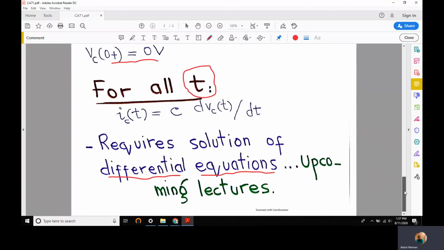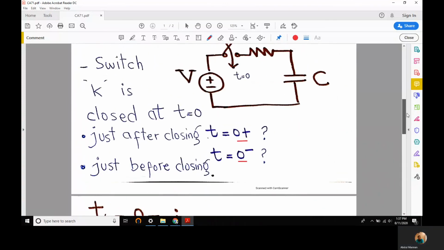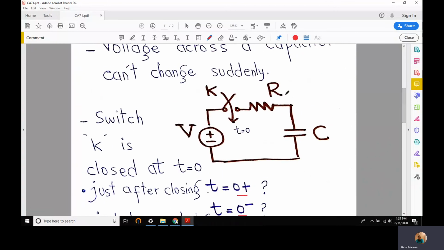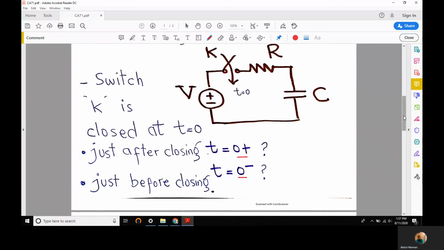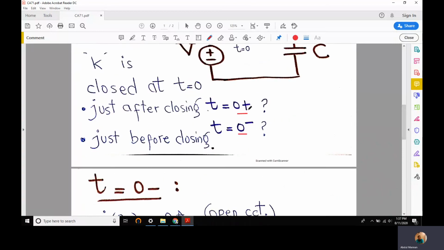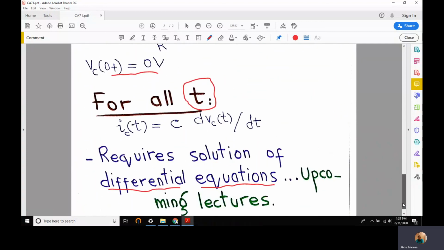For the sake of this lecture, we have to study the behavior of this series RC circuit for certain variations in voltages at time t equal to 0 minus and 0 plus. And as I have told before, the expression for all values of t will be discussed in our upcoming lectures based on differential equations.